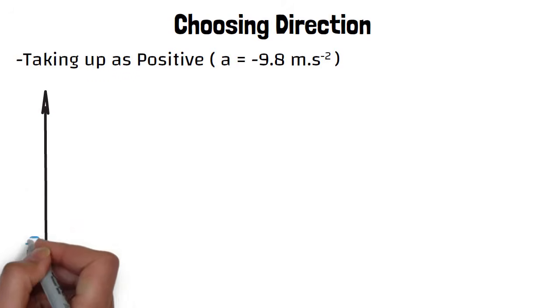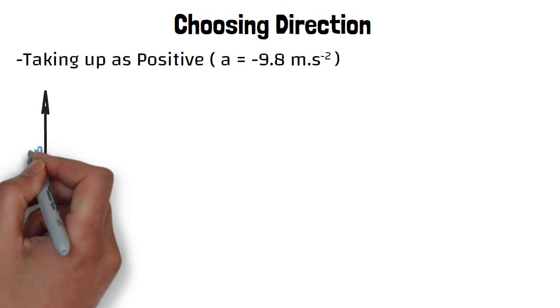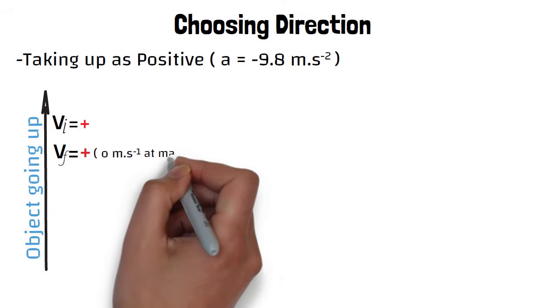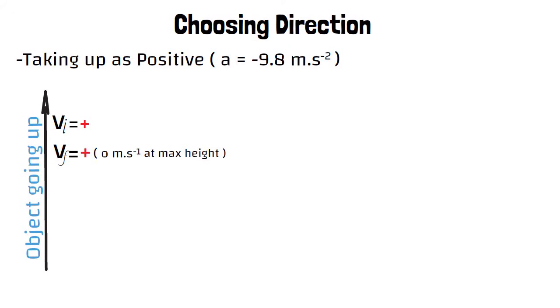So if iyaphezulu i-object yethu asibheke nama-vectors wethu ke, the initial velocity izoba positive because i-object iyaphezulu and thina sithatha u-up as positive, so as I oppose motion izoba positive. The final velocity izoba positive ngoba sithatha u-up as positive and the object iyaphezulu, izoba positive or ibe u-0 if izoya phezulu ize iyo-reacha i-maximum height. Remember i-velocity at the maximum height u-0.